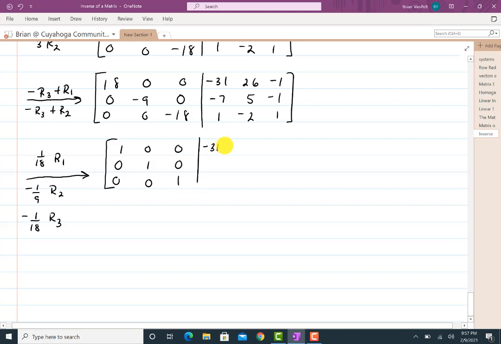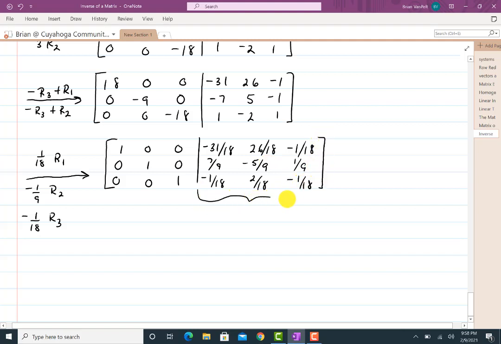I get negative 31 over 18, 26 over 18, negative 1 over 18. And then for my second row, I'm going to get 7/9, negative 5/9, and 1/9. And then for row 3, I'll get negative 1 over 18, 2 over 18, negative 1 over 18.